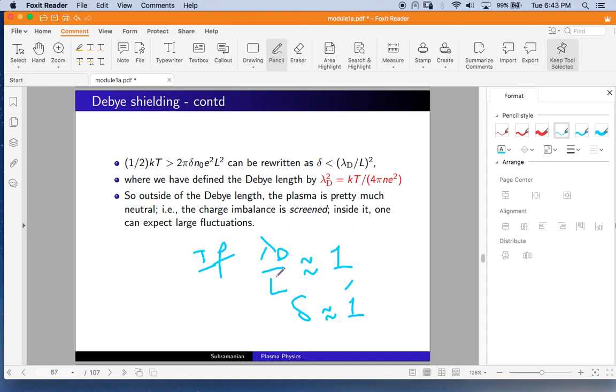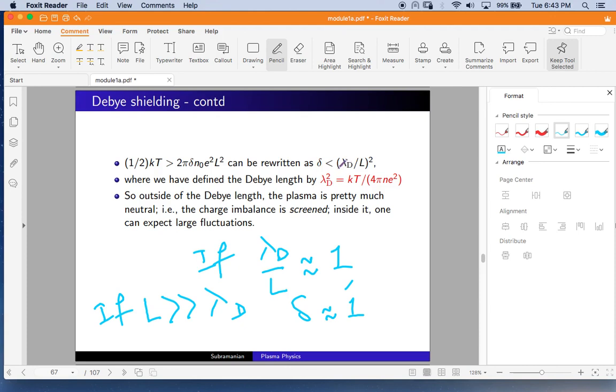So in other words, if L is much larger than lambda D, the Debye screening is very effective. Outside of the Debye length, the plasma is pretty much neutral. In other words, delta is very small. The charge perturbation is very small.